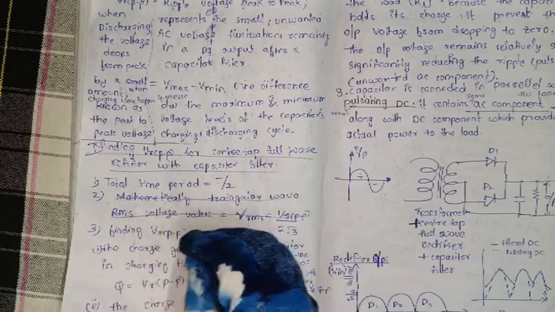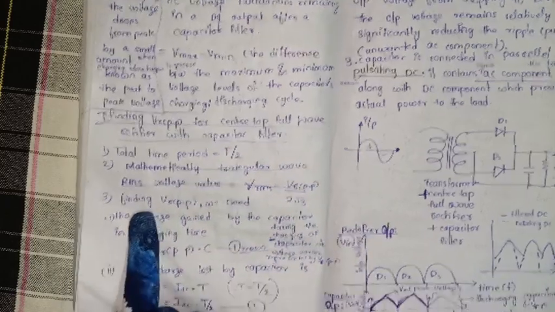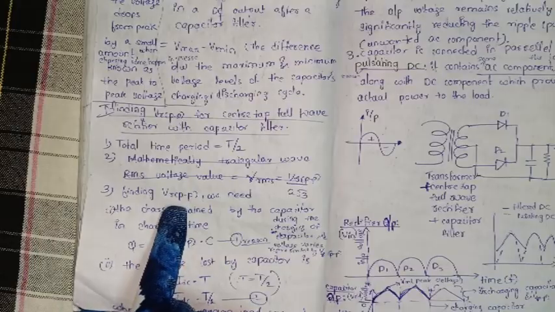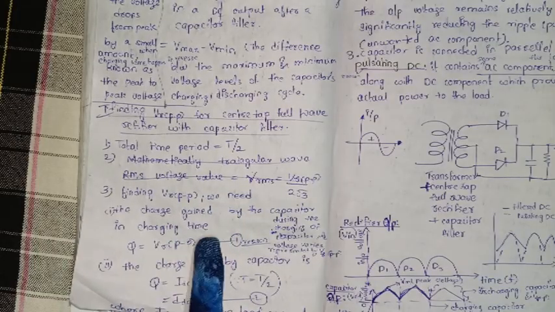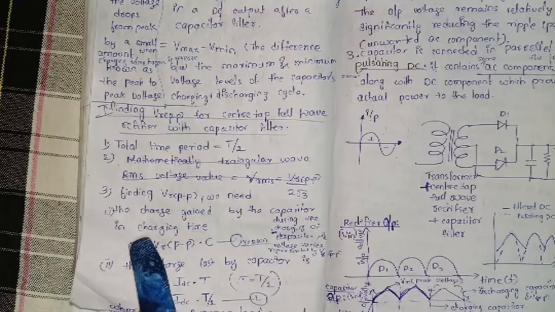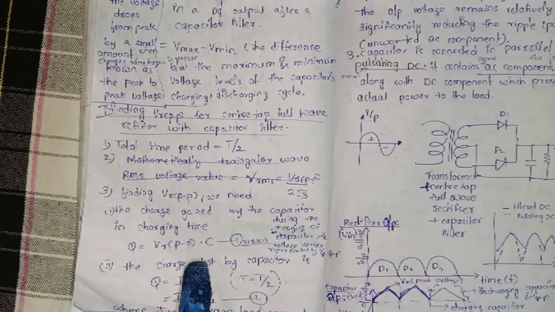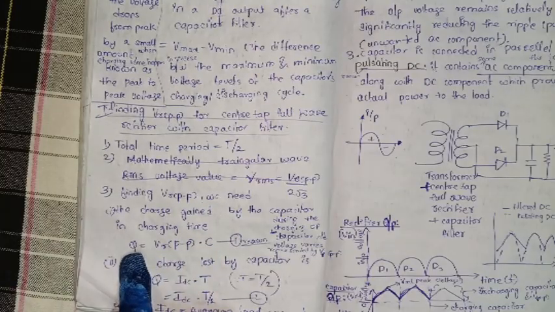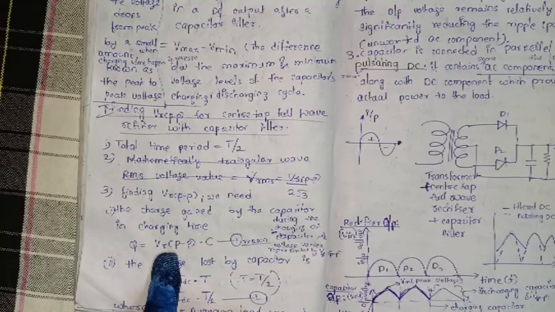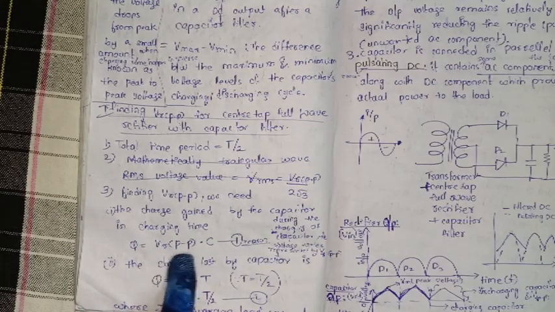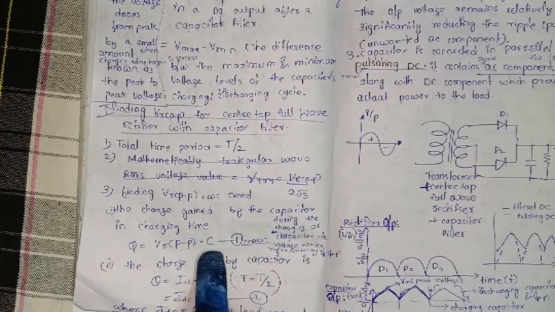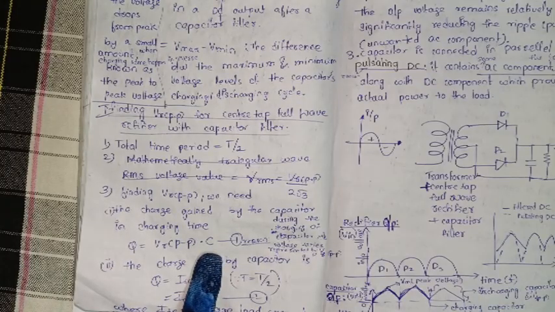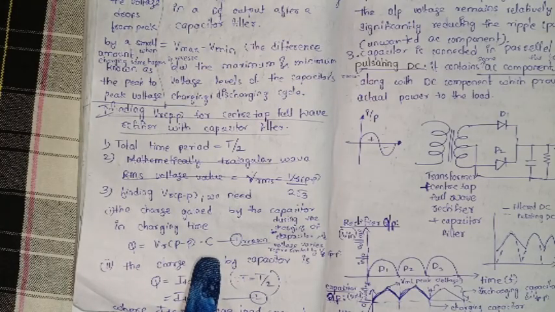To find the ripple voltage peak to peak, we need the charge gained by the capacitor in charging time, that is Q equals VR peak to peak into C. How did it come?